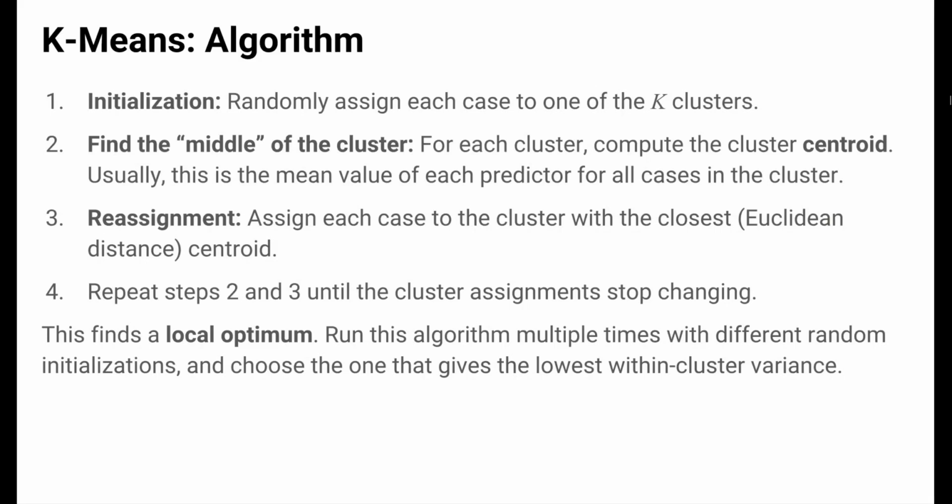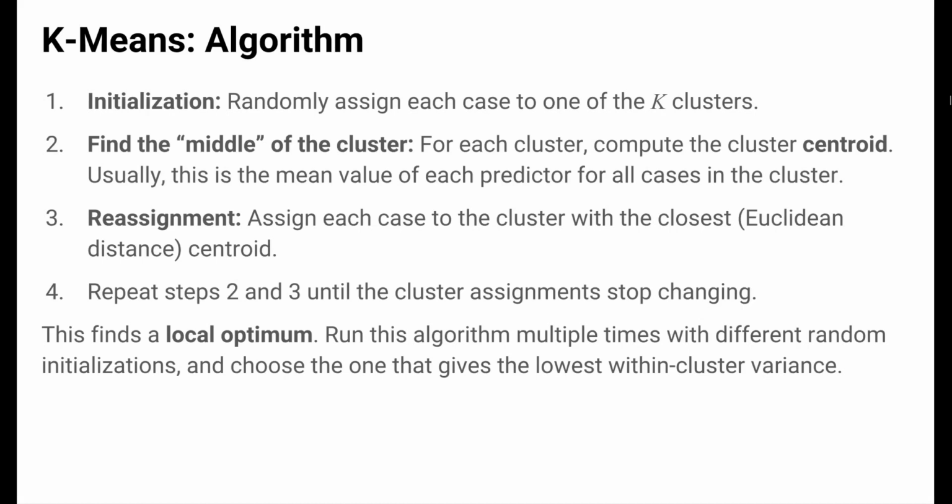So that is the objective in finding good clustering, but how does the k-means algorithm actually proceed to find these good clusters? So the algorithm is actually pretty short. It consists of 4 steps broadly. The first step is initialization. So first we want to randomly assign every case to one of the k clusters.